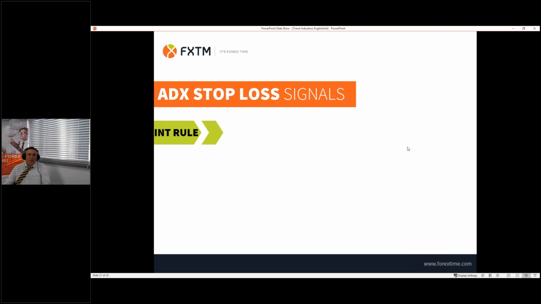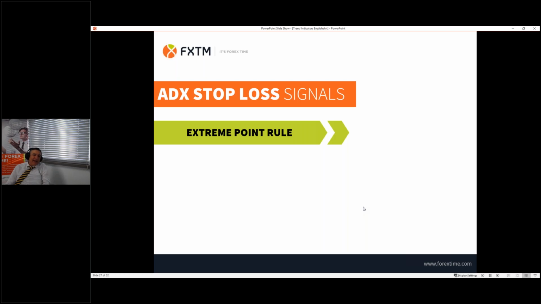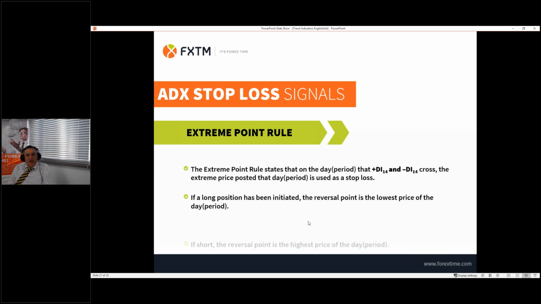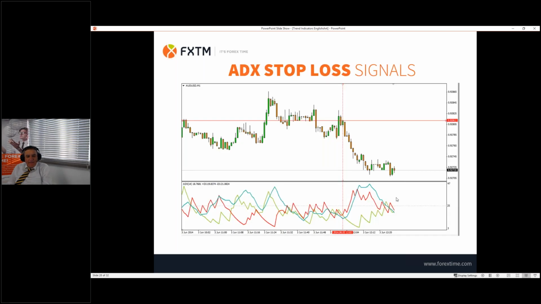All right. So, the way to use the stop loss in ADX is called the extreme point rule. It doesn't really make any sense, but I will demonstrate exactly what it is. Let me show you here on the picture so you can understand exactly. So you see, at this point here, we have a crossing of the red line above the green line.